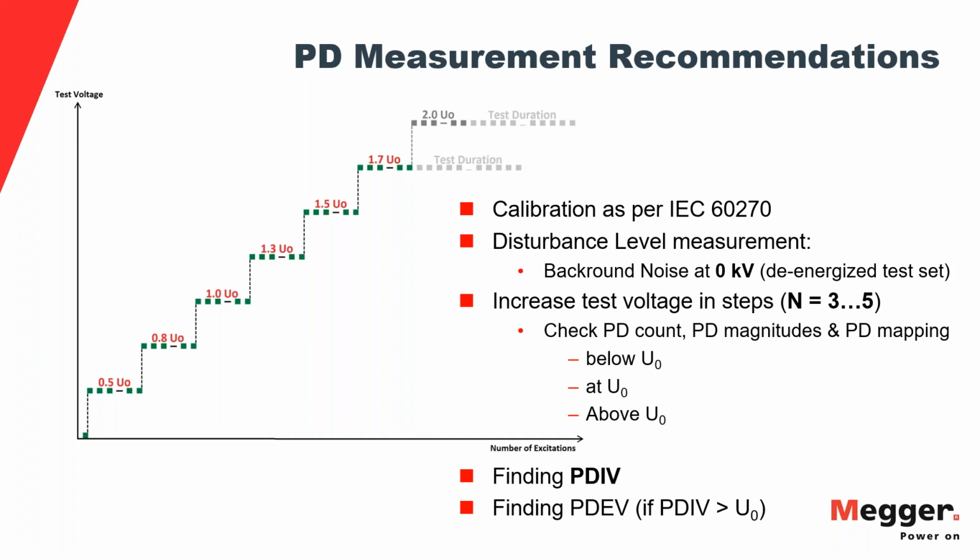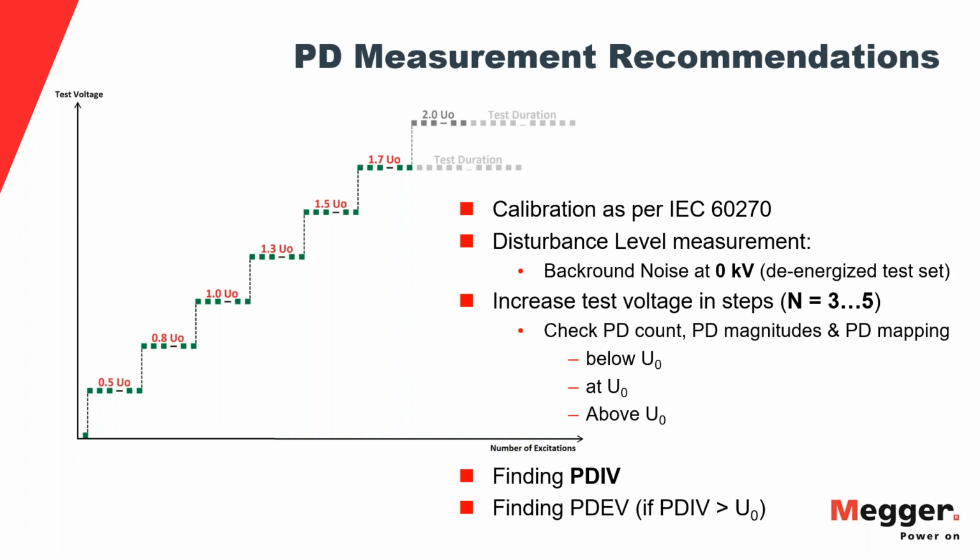The inception voltage is much more important than the extinction voltage, because if you don't have inception, you don't have extinction. If you have inception, then the extinction is only interesting if the inception happens above operating voltage, because if it happens below, it doesn't matter. If you have inception below operating voltage, you always have PD during operation on that cable, and nobody cares about the extinction value, because it has no information.